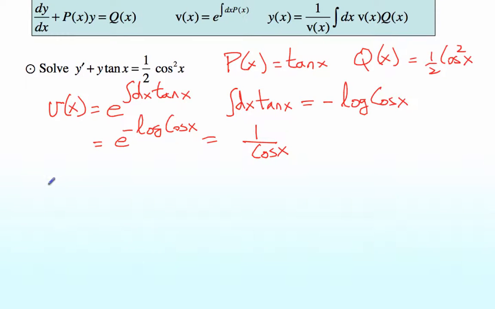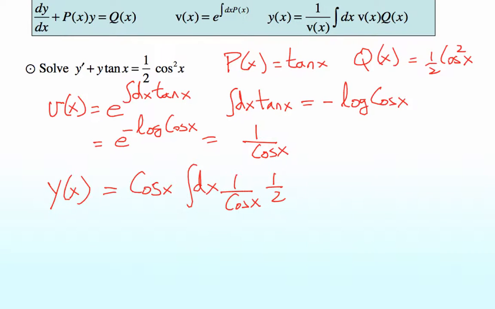The only thing now is to integrate this over here. So 1 over v of x is then cosine of x, and here we have to integrate v of x, which is this, times q of x, which is half cosine squared x.